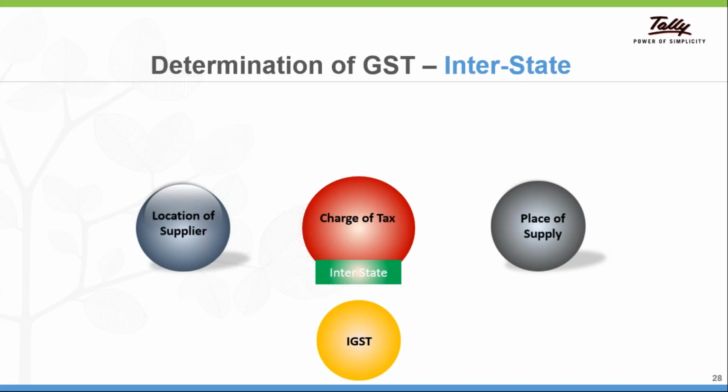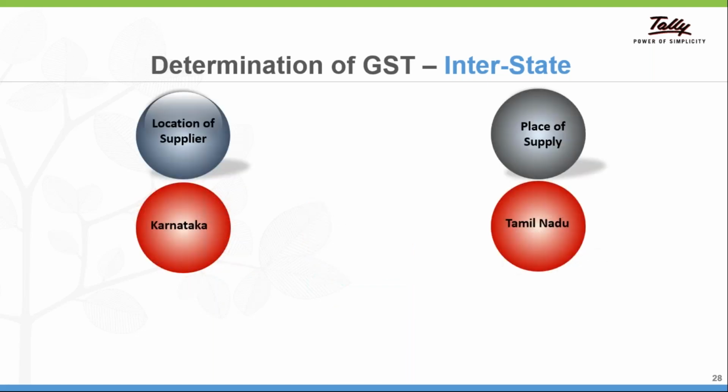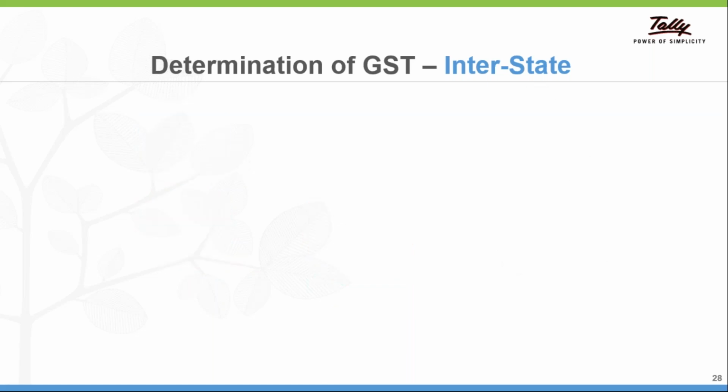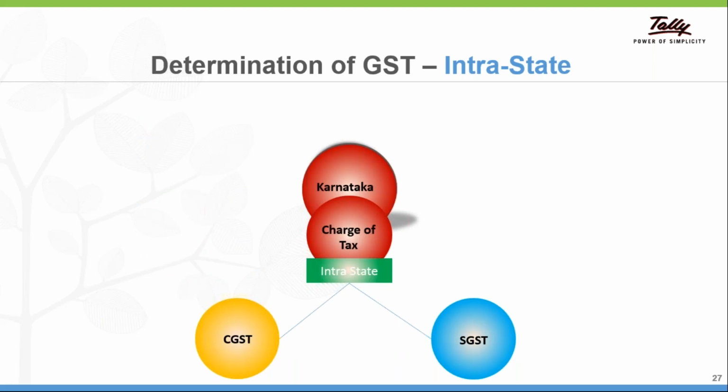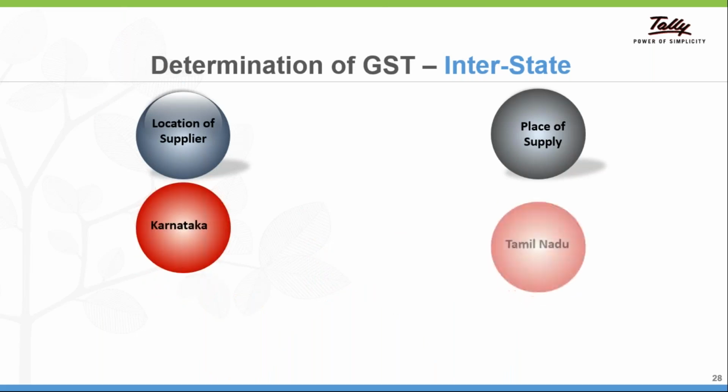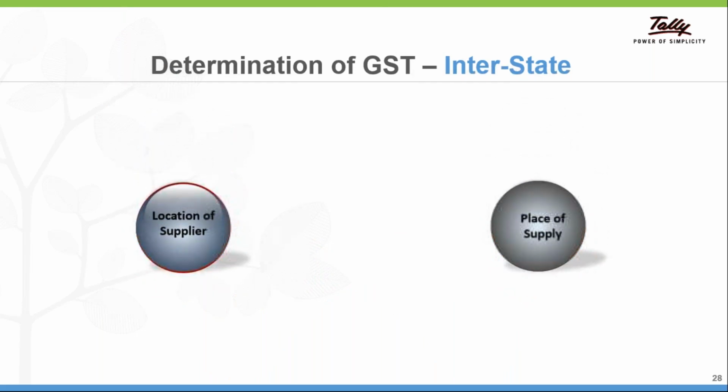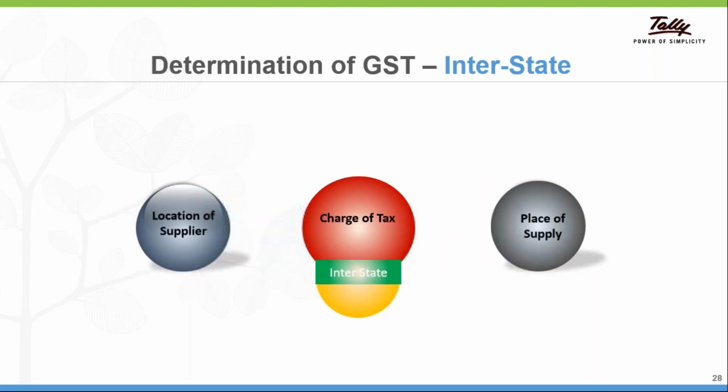Yes. The calculation of tax will be the same: for CGST and SGST 9% each, for IGST 18% at once. The charge of the tax is the same, but the way it is put is different. Is this clear?